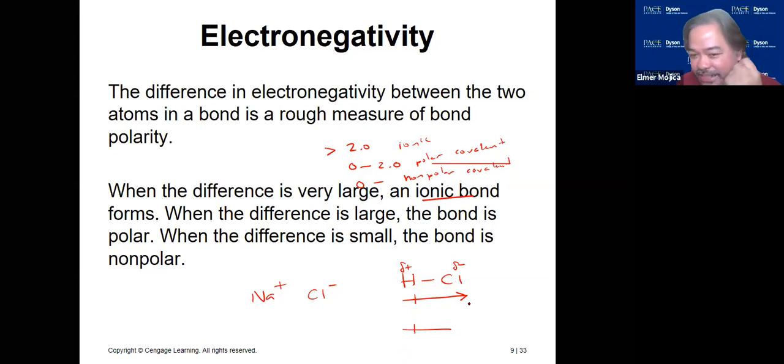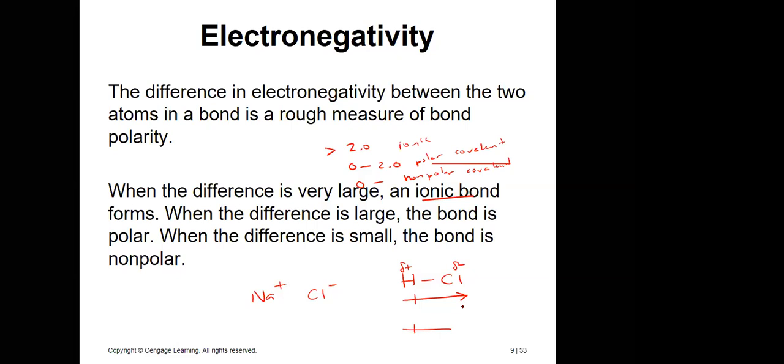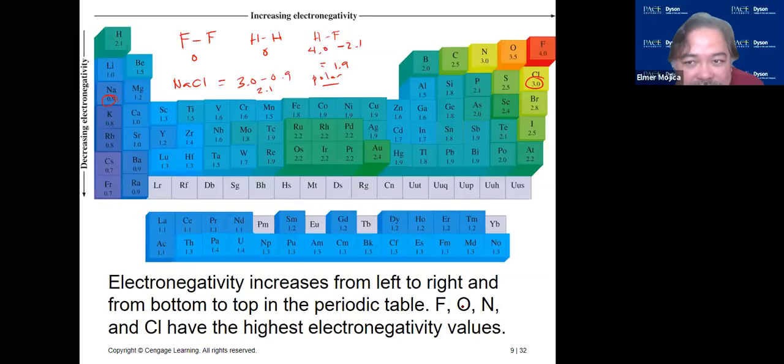So what guides us that the electron goes to chlorine instead of hydrogen? Anyone? Chlorine has higher electronegativity. Very good. That's why I'm putting you back here. So the one that has a higher electronegativity value is the one that will get the electron.